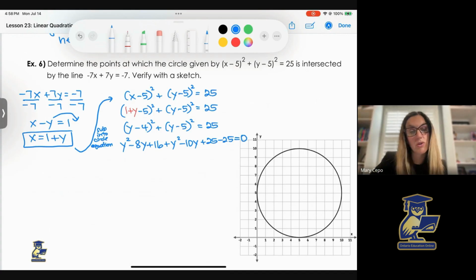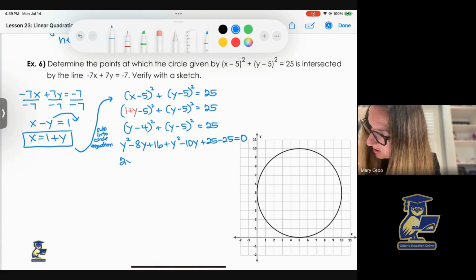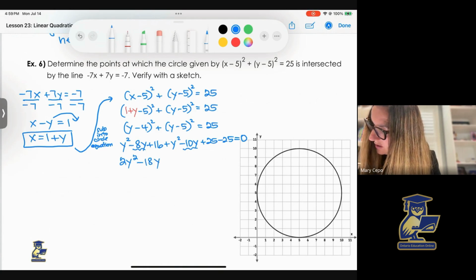We want to create that quadratic equation, and then we would be able to factor that, or maybe use the quadratic formula to solve. So we have y squared plus y squared, which is 2y squared. We have negative 8y minus 10y, which is negative 18y. Those 25s cancel, so we have plus 16 has to equal 0.